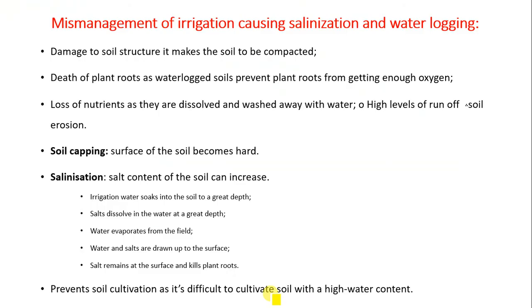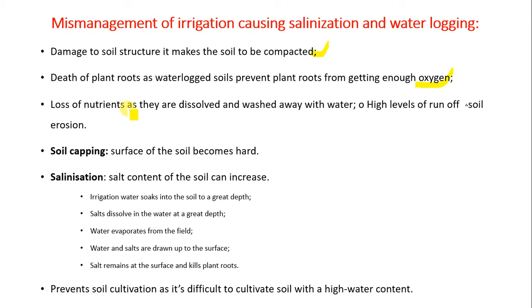Now, mismanagement of irrigation causing salinization and waterlogging in the soil. When you mismanage irrigation, it normally leads to damage of soil structure. It can make the soil compacted. Death of plant roots, as waterlogged soil prevents plant roots from getting enough oxygen.